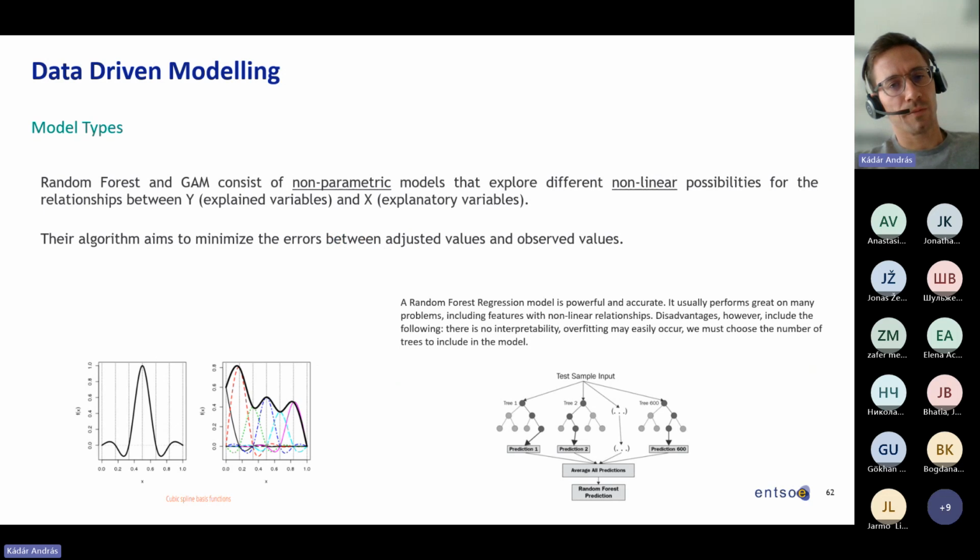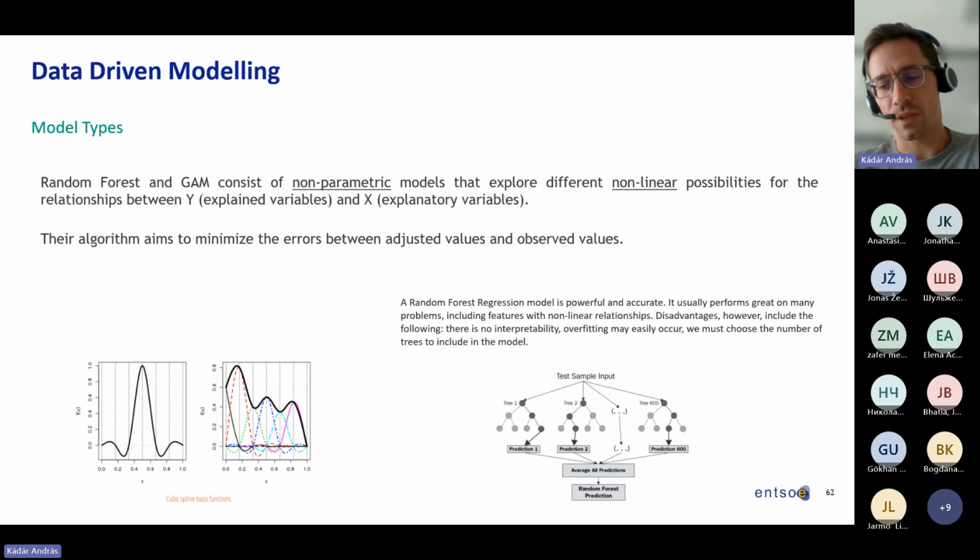So a bit more, but still on the intuitive level, about random forest and GAM. They are non-parametric models, and they can explore different nonlinear relationships between the explained variable and the explanatory variables.